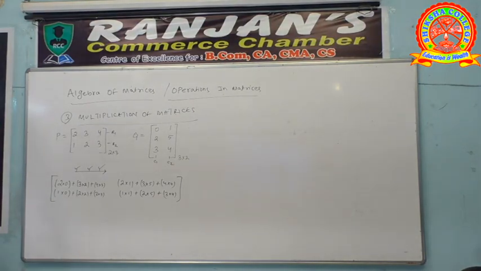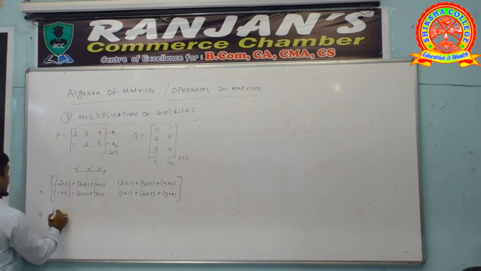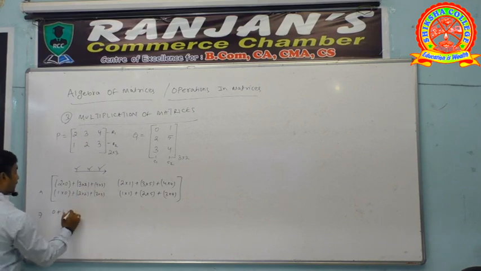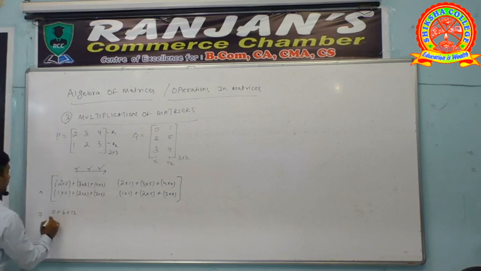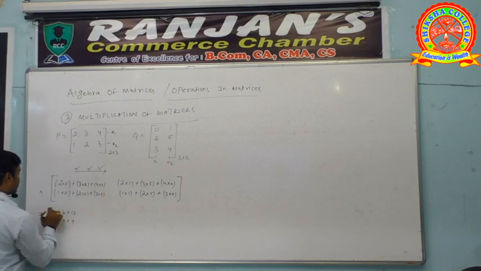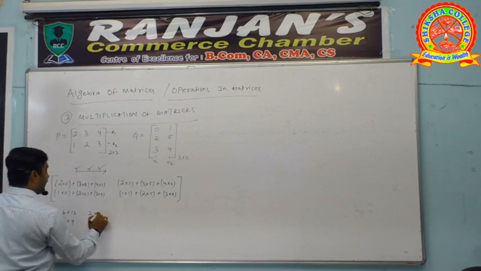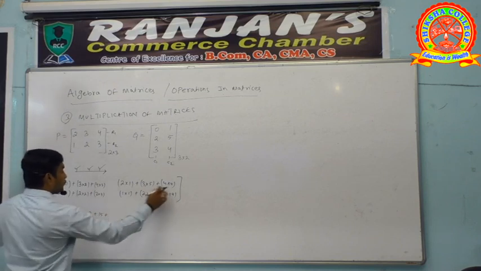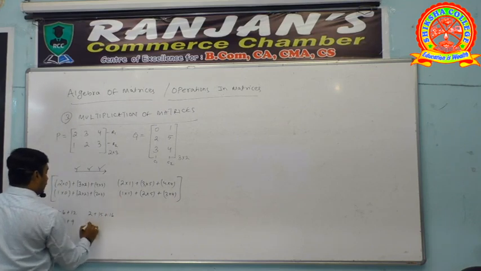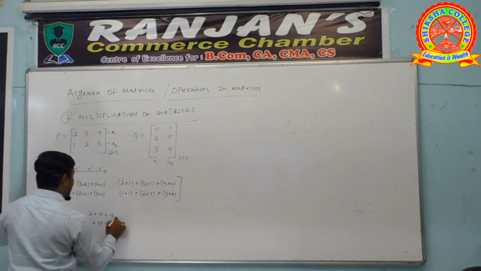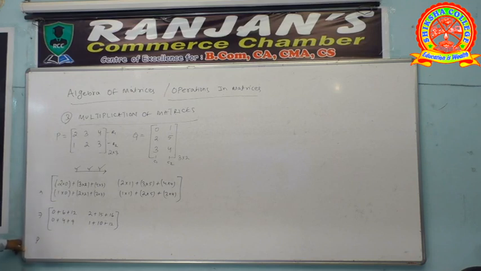Now it is very simple. 2 into 0 equals 0, plus 3 2s are 6, plus 4 3s are 12. Then 1 into 0 equals 0, plus 2 2s are 4, plus 3 3s are 9. Now 2 into 1 is 2, plus 3 5s are 15, plus 4 4s are 16. 1 into 1 is 1, plus 2 5s are 10, plus 3 4s are 12.